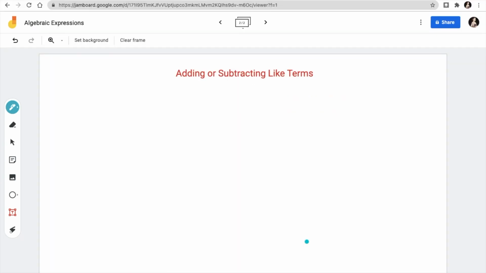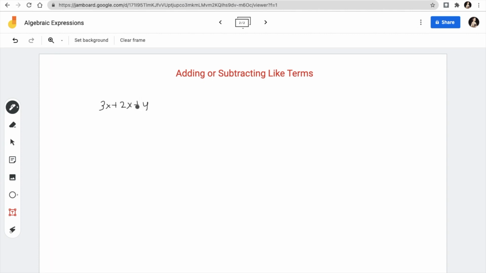Now, adding and subtracting variables in an algebraic expression. First, it's very important that you know that you can only add or subtract like or similar terms. In a very simple sense, it just means that the variables need to be the same. So for example, I give you 3x plus 2x plus y.